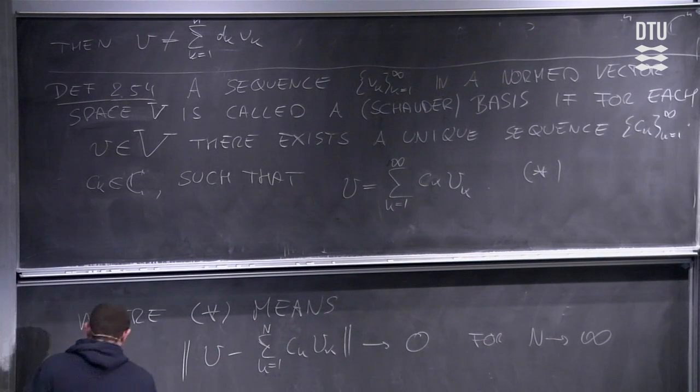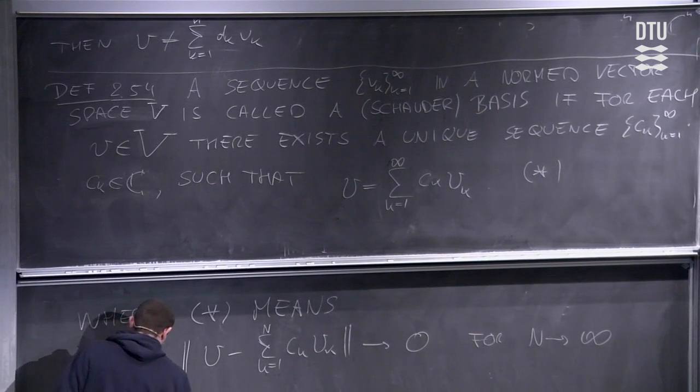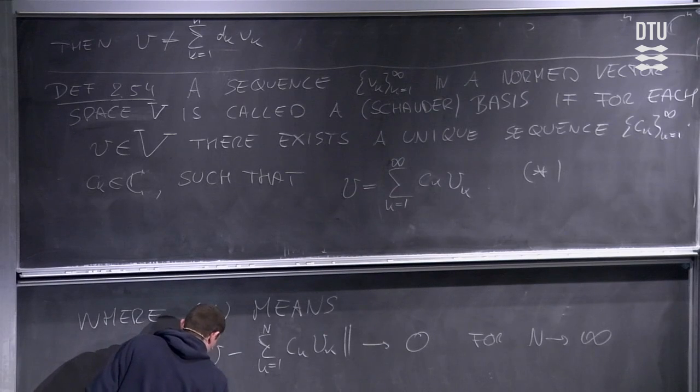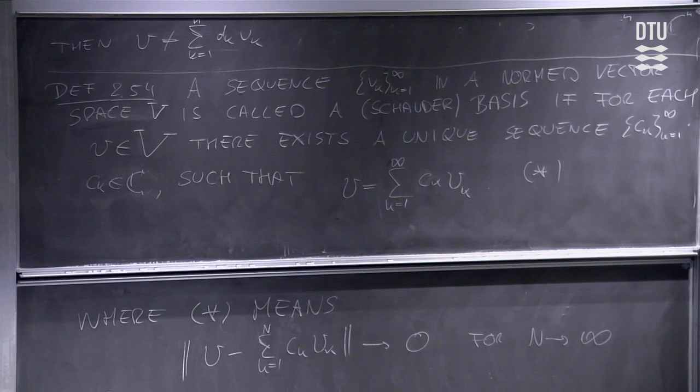Actually, this is nothing but the definition of convergence in normed vector spaces, and that is 2.5.1 if you want to read that. Okay, so we still have half an hour. That is nice. So what we want to do now is, of course, make an example similar to this.